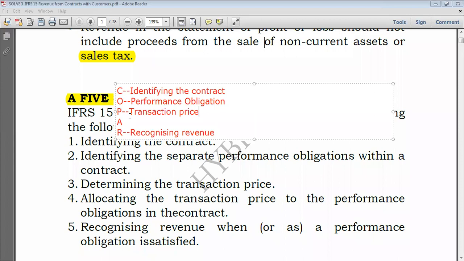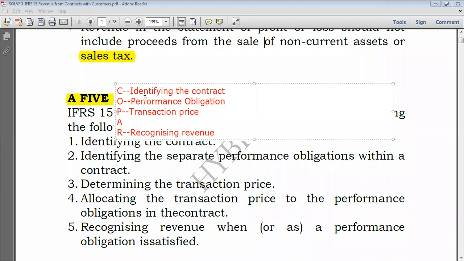But now you have to ask yourself, you have a transaction price as a single value, but you have more than one performance obligation. So this means that you would have to find a way to allocate that transaction price to each performance obligation. Because as we said earlier, revenue is recognized as the performance obligation is satisfied, right?